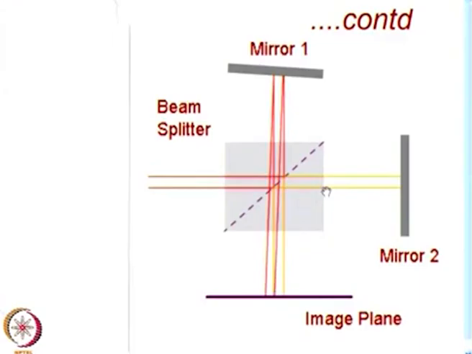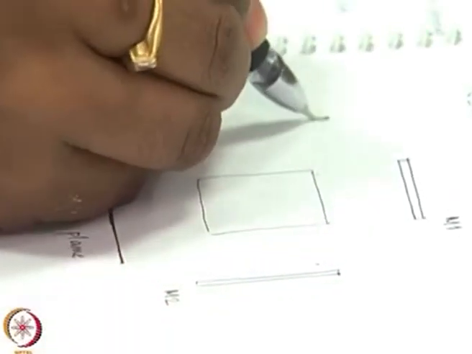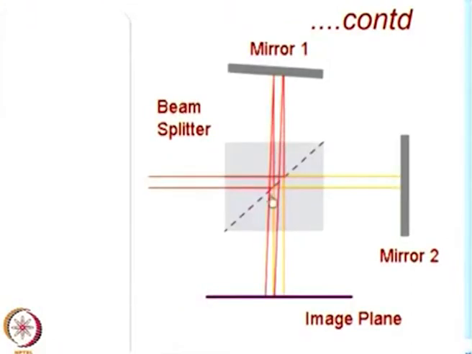You make a sketch of it, I will repeat the animation again for you to understand how you perceive this, and because of the shearing action you essentially measure the slope. You measure the slope essentially. So, the ray goes and hits this mirror, this is kept perpendicular and mirror 1 is slightly tilted.